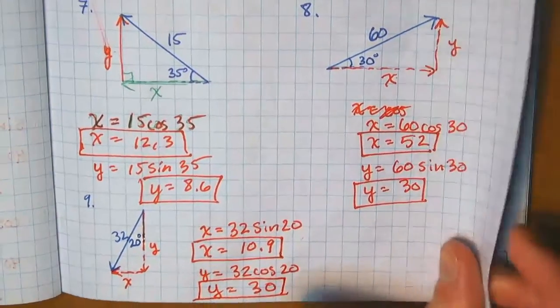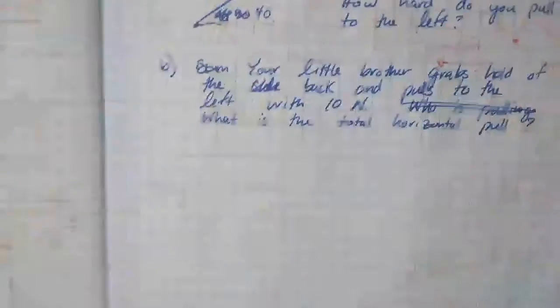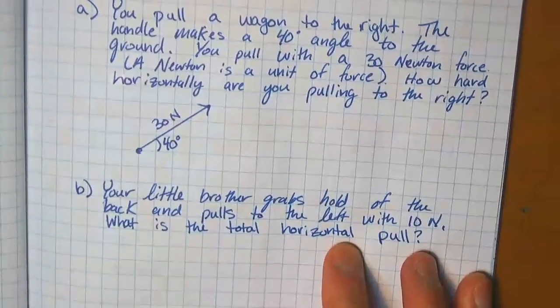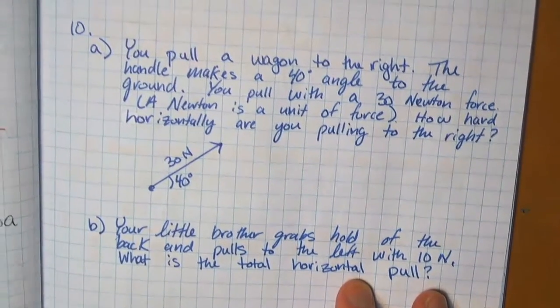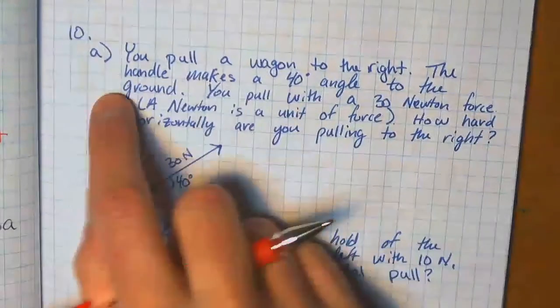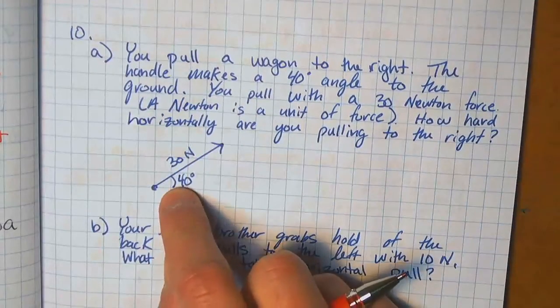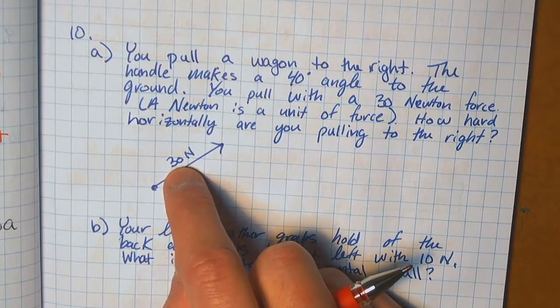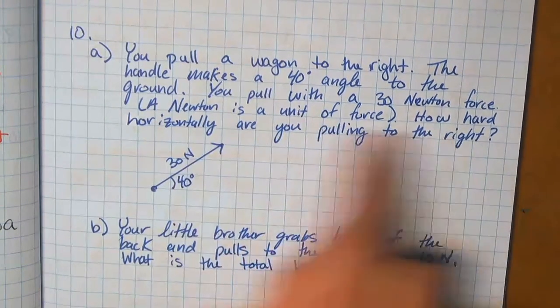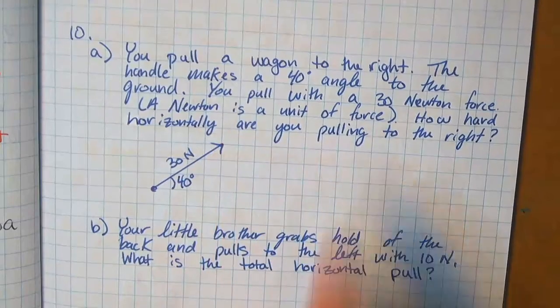All right. One last page here, one last problem. Number 10. You pull the wagon to the right, the handle makes a 40-degree angle to the ground. You pull with a 30 Newton force. A Newton is a unit of force. How hard horizontally are you pulling to the right?